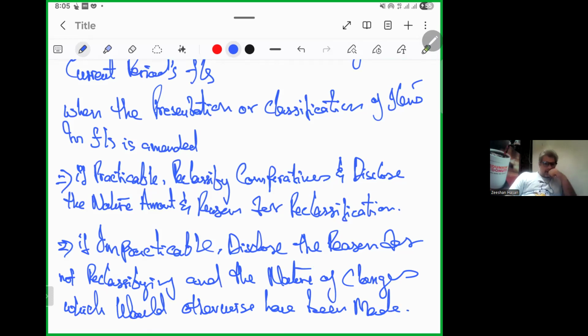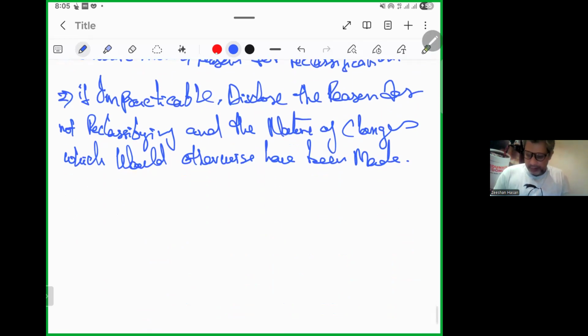Okay. So if an accounting policy is changed or a prior period error corrected, a third statement of financial position is required to be presented as at the beginning of the prior financial year. See what I just said. Let me repeat.